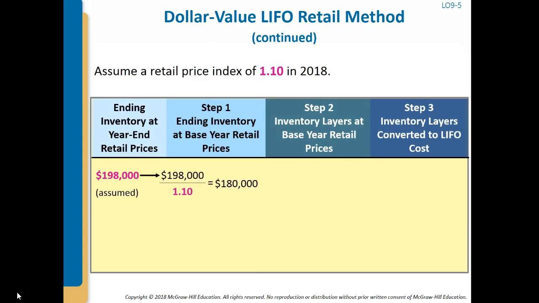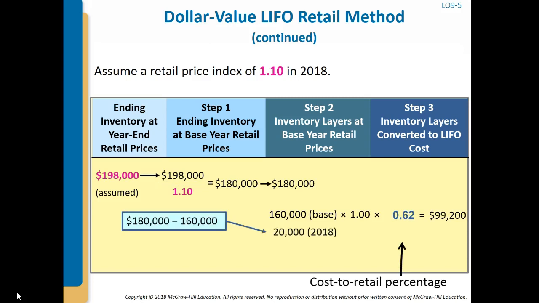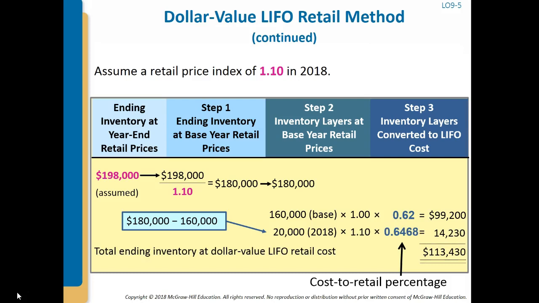So in this slide, the ending inventory at retail of $198,000 is restated to base year prices of $180,000. By comparing this restated amount to the beginning inventory layer of $160,000, it reveals that a layer of $20,000 has been added in 2018.